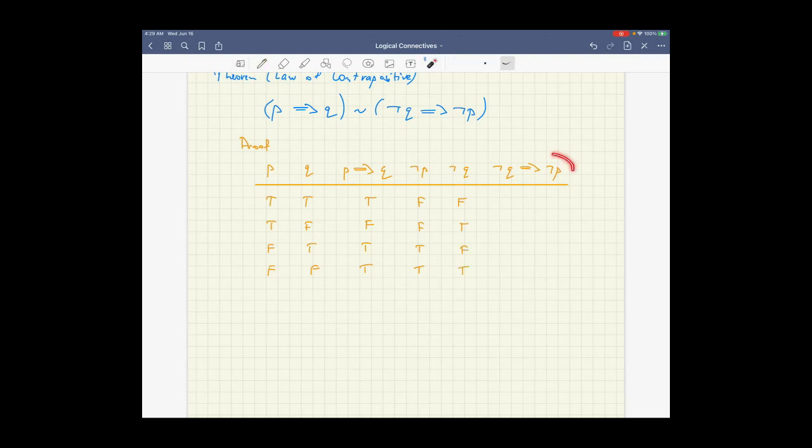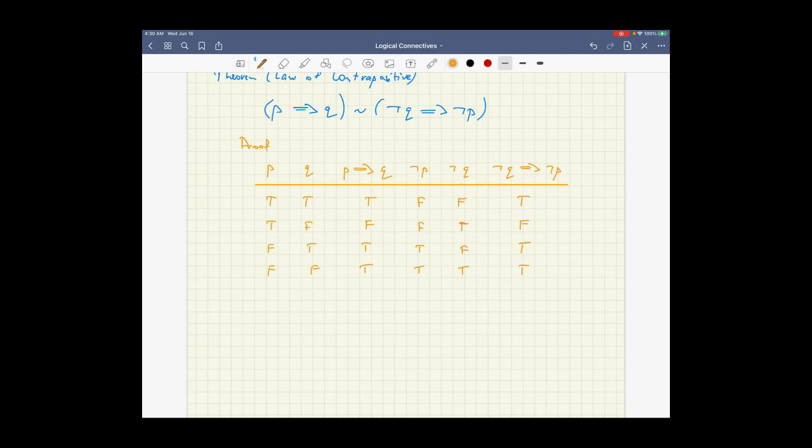Now, when does not Q imply not P? Right? When both are false, this is true. Right? When the premise not Q is true and the consequence is false, that's false. When the premise not Q is false, that's true. And when both are true, that's also true.